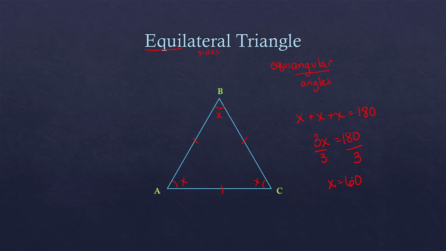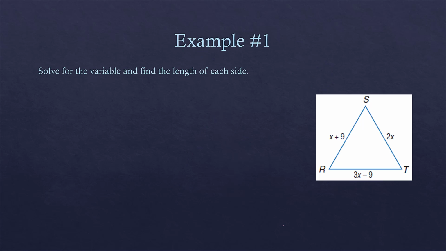So let's see how this works for us when we're solving problems in geometry. Here we have a problem that says to solve for the variable and find the length of each side. This is an equilateral triangle, which means all three of these sides are congruent, so I'll mark that in here. To solve for x, you just need to pick two expressions and set them equal. It does not matter which expressions you pick, just pick any two.